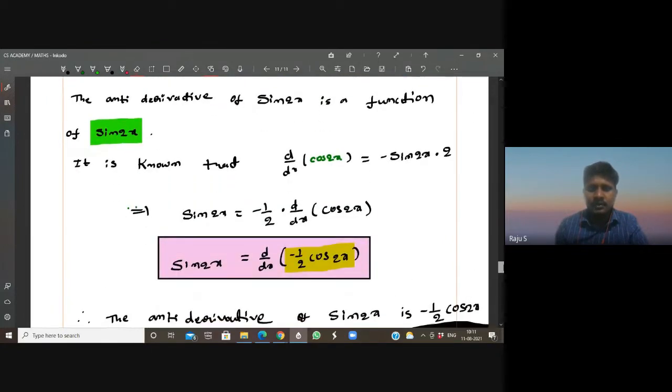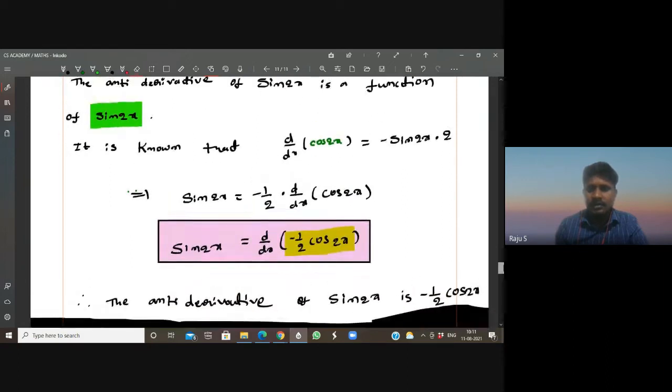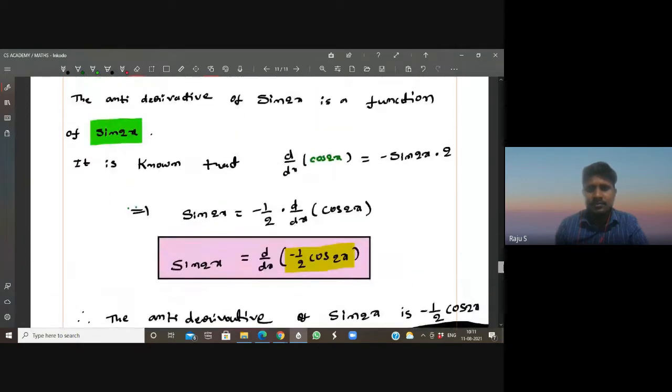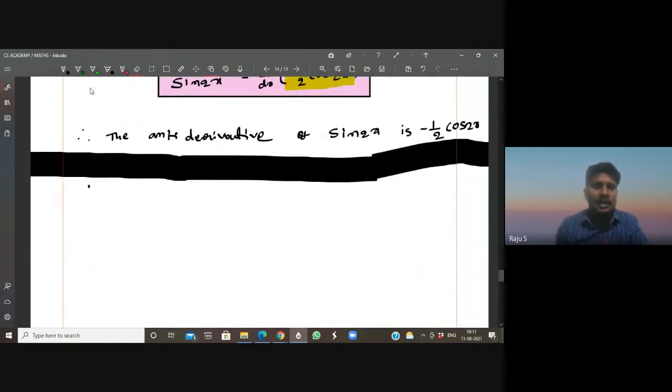So in the first one, we have to write the steps like this. This is enough. Say they ask for the antiderivative of sine 2x. Antiderivative is nothing but integration. Let's see whether integration gives the same answer. Integral of sine 2x: what is the integral of sine x formula, students? Integral of sine x is minus cos x plus c.